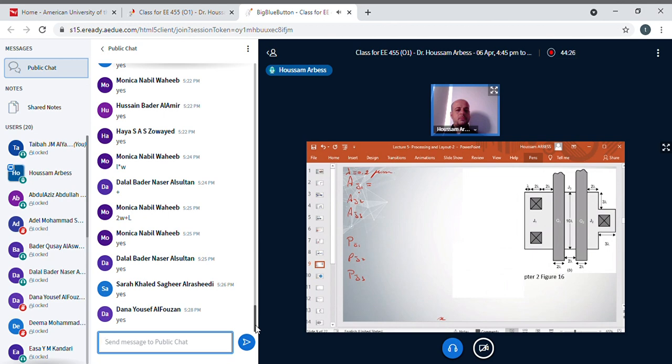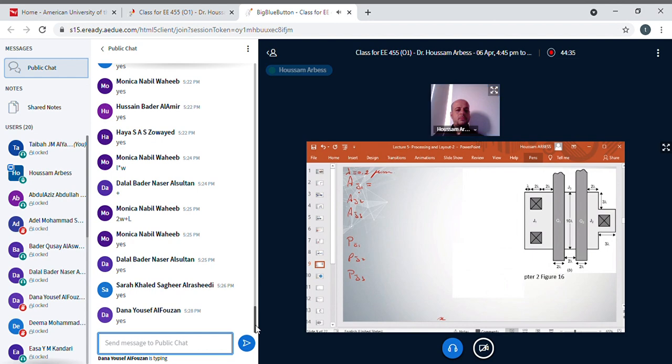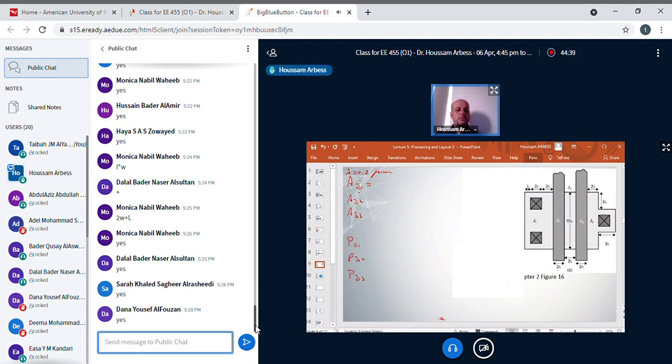What to do here? How to calculate the area? I just mentioned the formula to calculate the area.